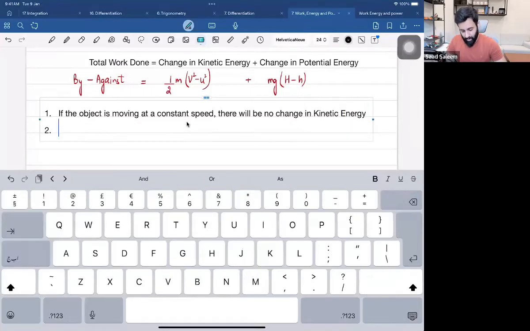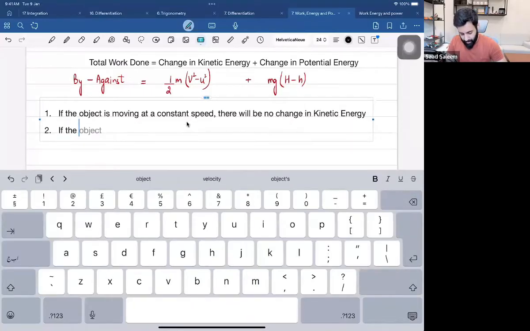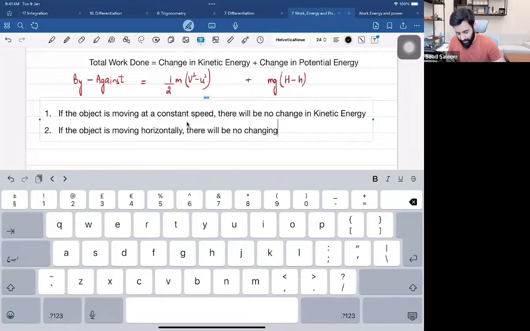Similarly, if the object is moving horizontally, there will once again be no change in potential energy. Why? Because there is no change in height, therefore no change in potential energy.